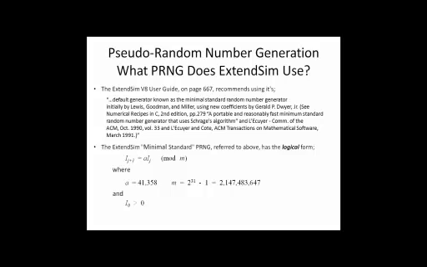But it will repeat after that many calls. So the period for this particular generator essentially is m minus 1. And we talked a little bit about the fact that 0 is not allowed, so 0 will never be generated by this particular generator. So the numbers that are generated are between 1 and m minus 1.